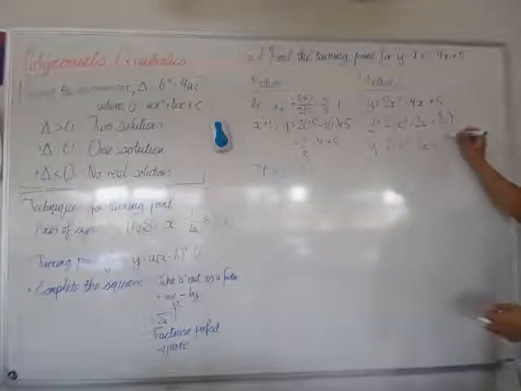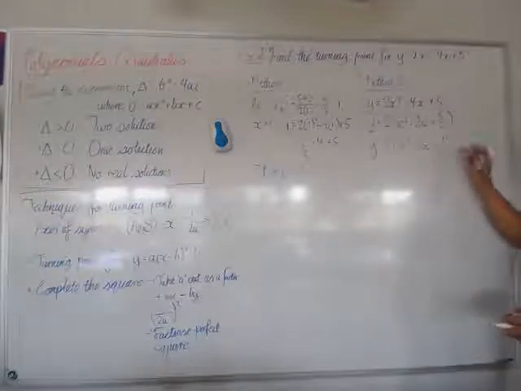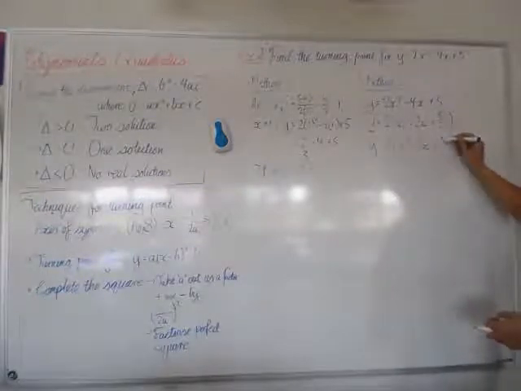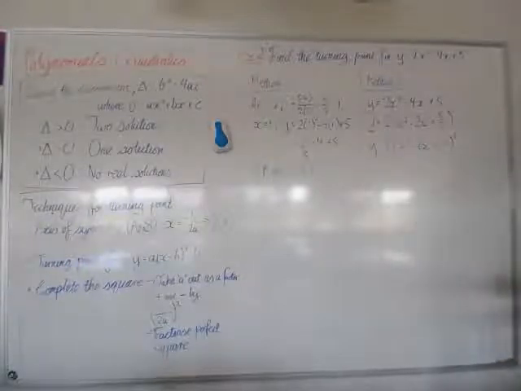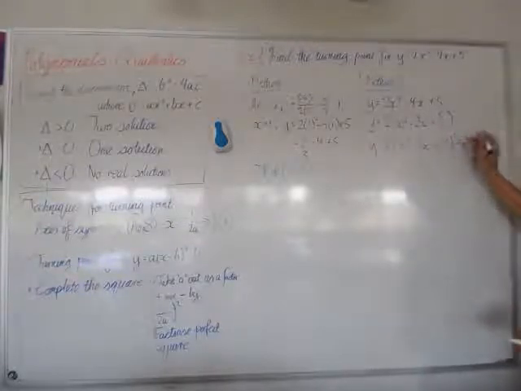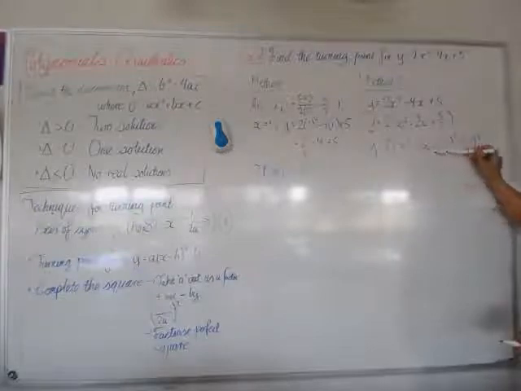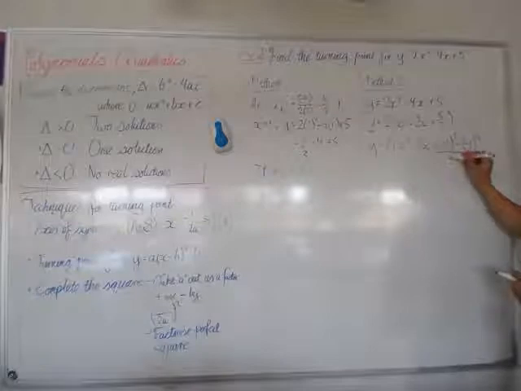I just half negative 2 over here to get negative 1. So I'm going to be adding negative 1 all squared, and I'm going to be subtracting negative 1 all squared. The reason we're doing this is that adding and subtracting the same amount is equal to 0.